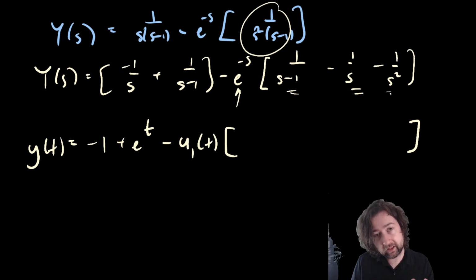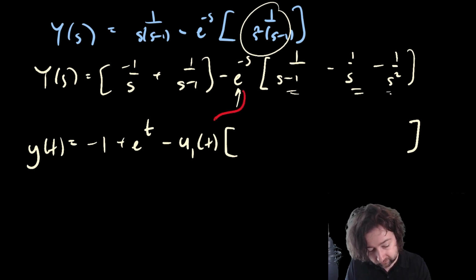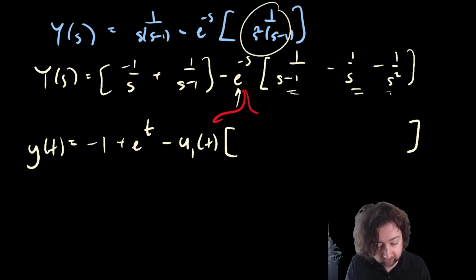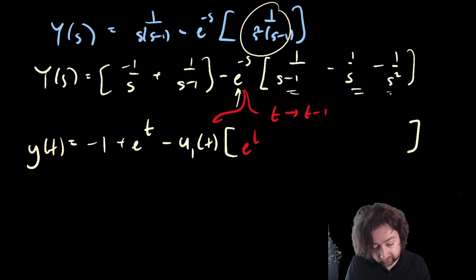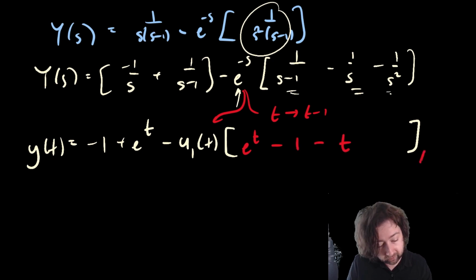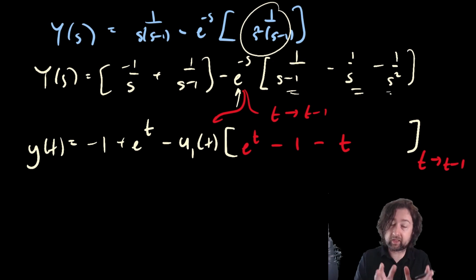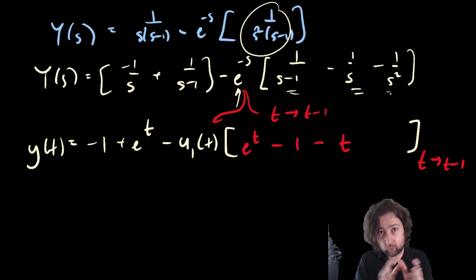But that t has to be shifted, because remember that the e to the minus s turns into both the step function and a shift, so t turns into t minus 1. So the inverse Laplace transforms of the functions are easy: e to the t, and 1, and t, but all of those t values have to be shifted to t minus 1 because that's what that exponential in the Laplace domain records.